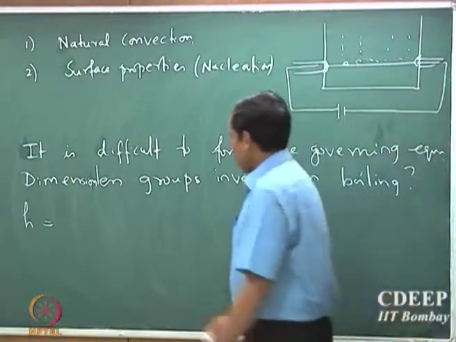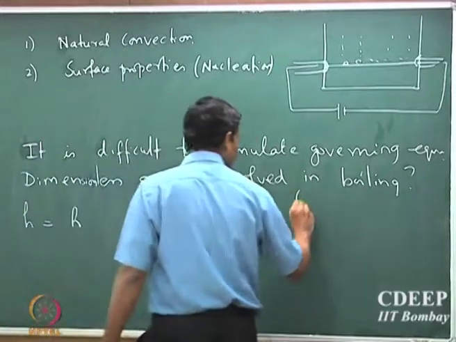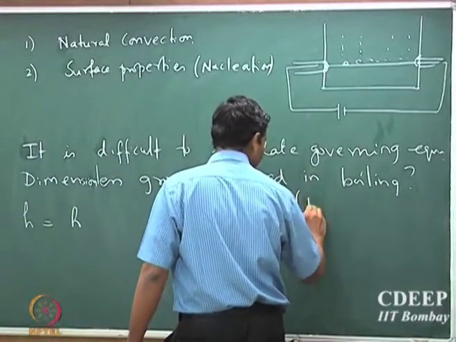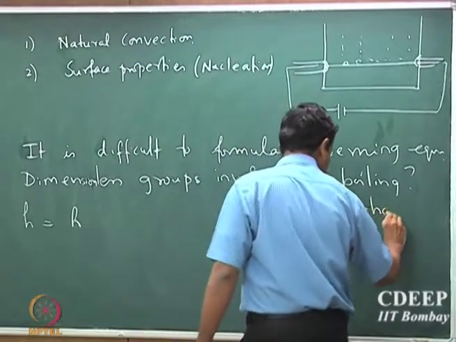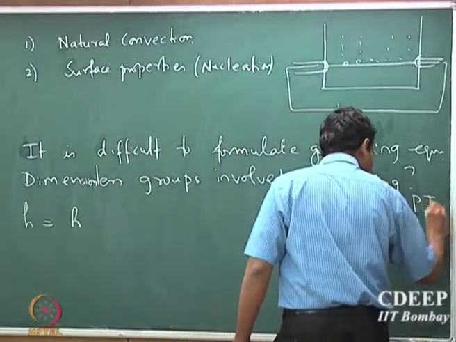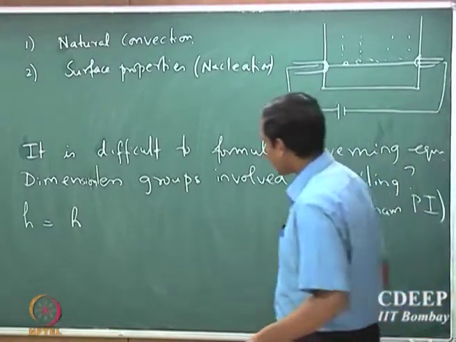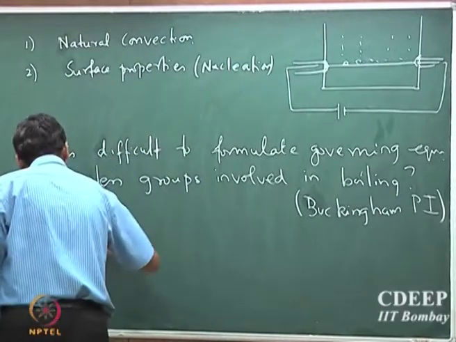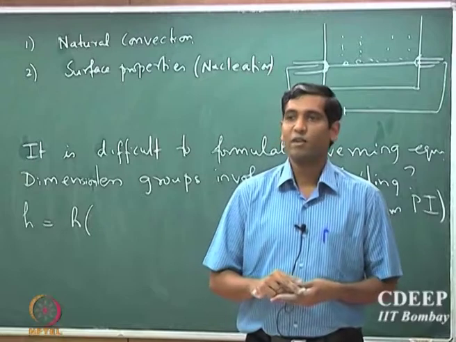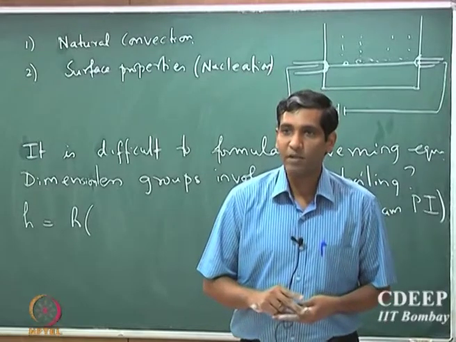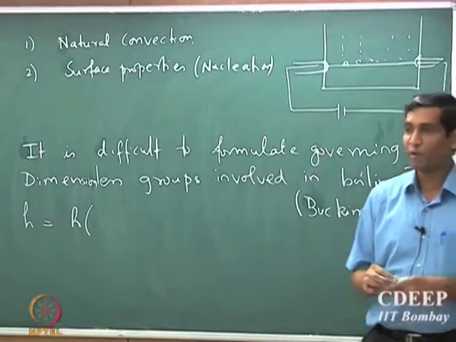So we are going to use dimensional analysis, the Buckingham Pi Theorem, which has been taught to you in your fluid mechanics class. So the heat transport coefficient will be a function of what are the different properties or aspects of this problem, which are going to decide the heat transport coefficient.